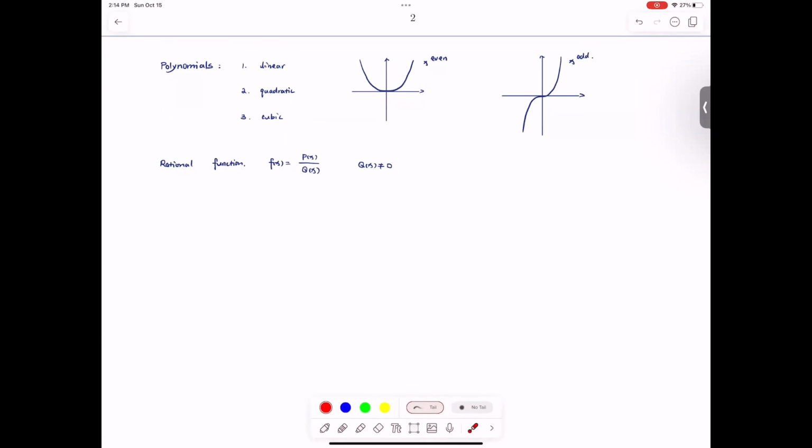Power functions, so x to the power of a kind of functions. Let's say a is a positive integer, a natural number. What does the graph look like?